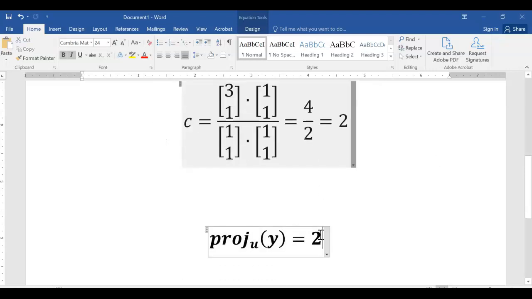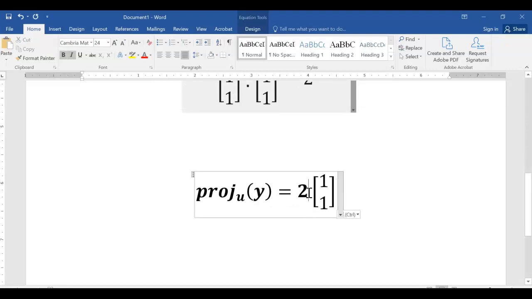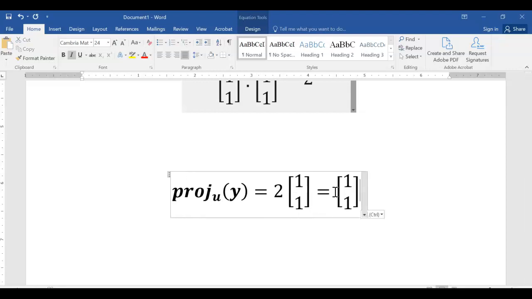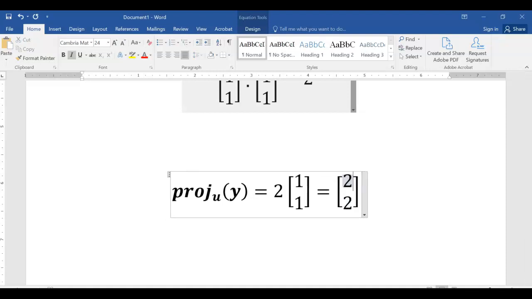So the projection of y onto u is 2, as in the scalar 2, multiplied times the vector (1, 1), which is just equal to the vector (2, 2). Okay? So there you go. That's the projection of u onto y. I misspoke. That's the projection of y onto u.